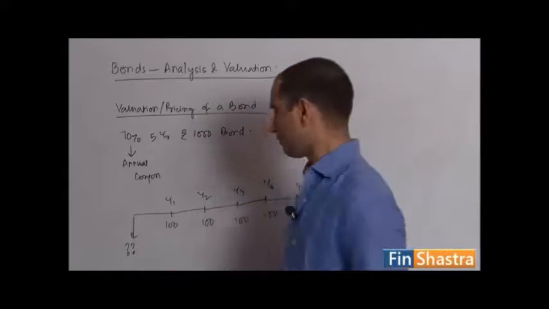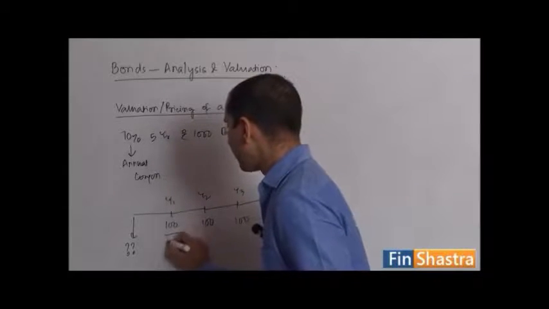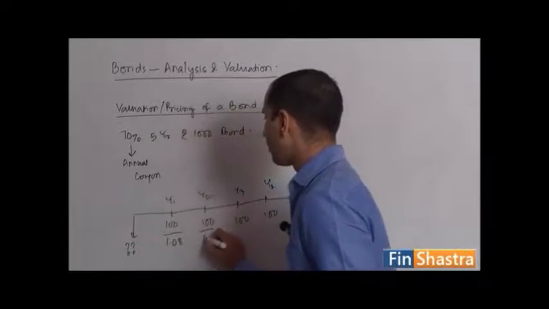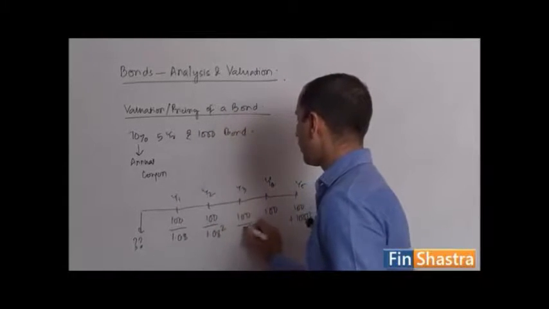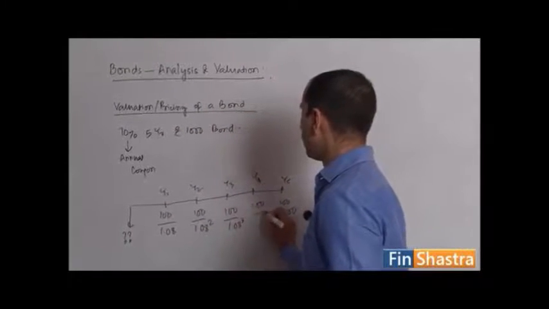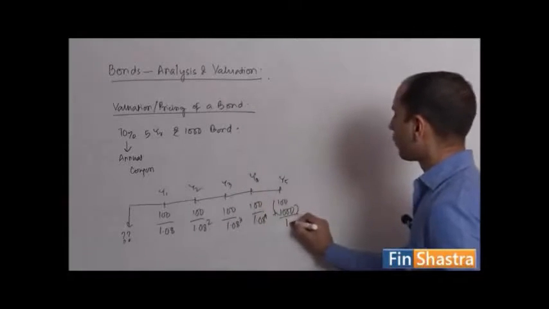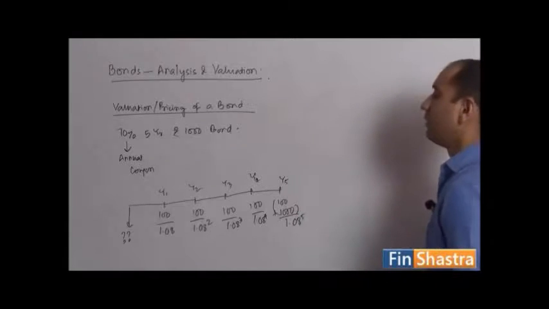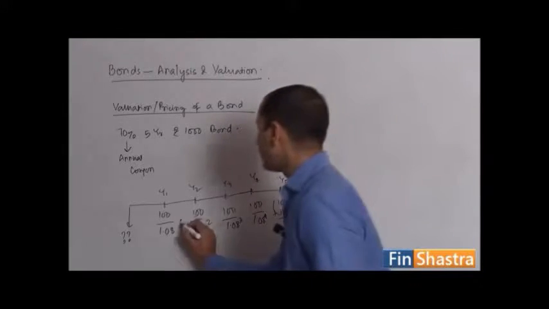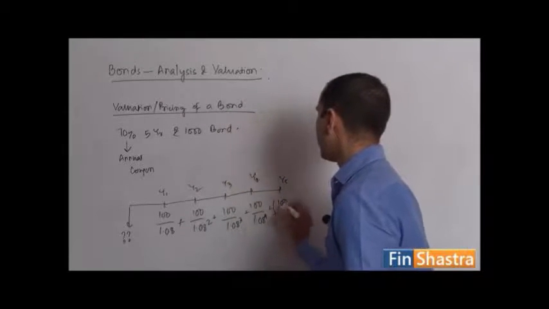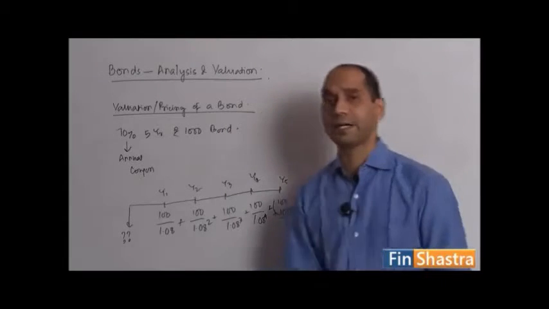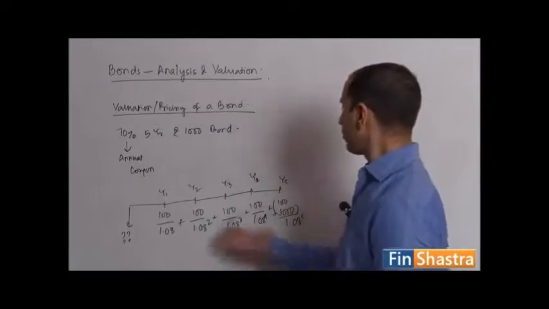So let's do that. 100 divided by 1.08, 100 divided by 1.08 square, 1.08 cube, 1.08 to the power 4, and this entire cash flow 1.08 to the power 5. And then you add it up and you will arrive at the present value of this bond when discounted at 8%.